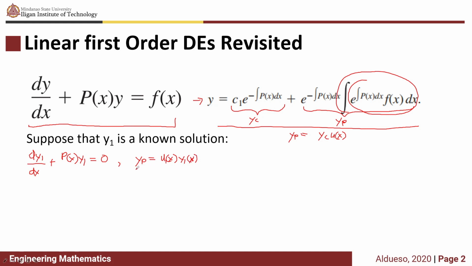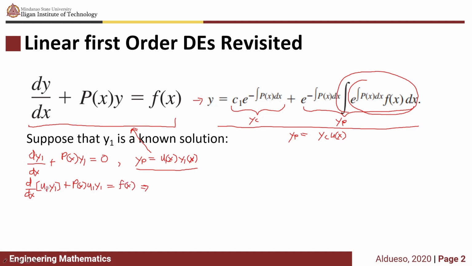Now if you substitute this particular solution into this differential equation, we have (u1 y1)' plus p of x u1 y1 equal to f of x.